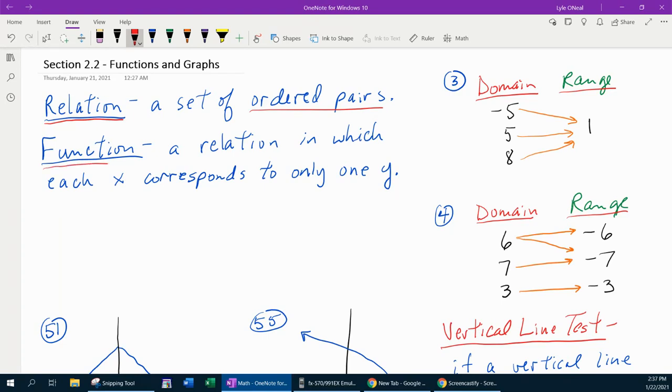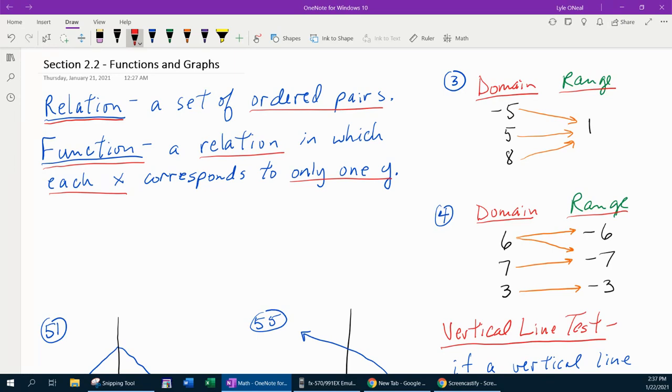Now let's talk about what a function is. A function is a relation, so it's going to be a set of ordered pairs in which each x corresponds to only one y. One way to think of this is for your relation to function, the x's have to be monogamous.